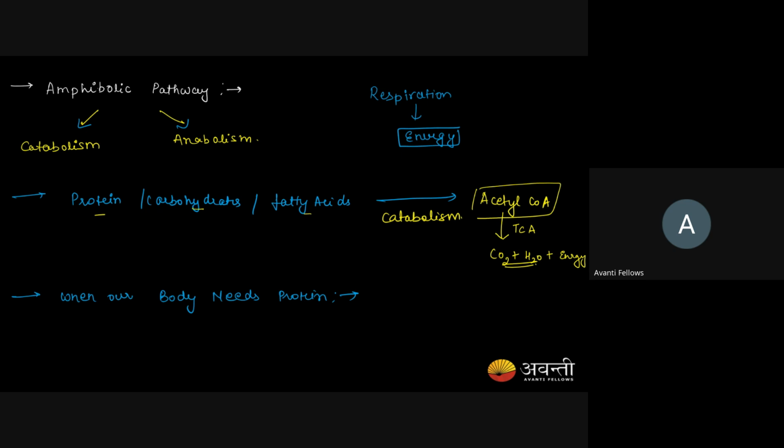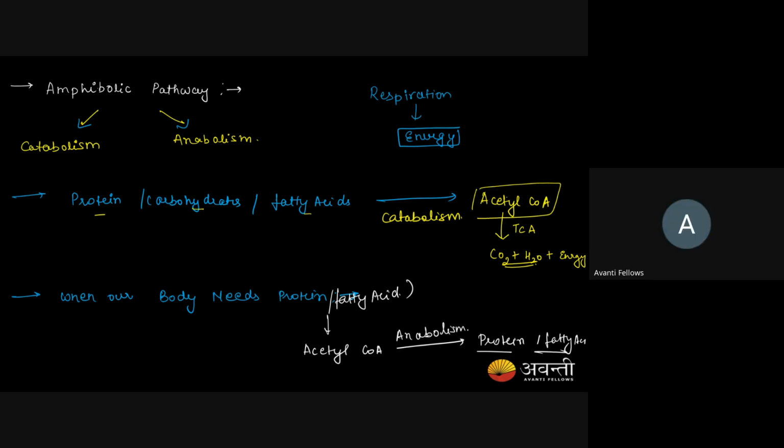When our body needs protein as well as fatty acid, what will happen here? This acetyl CoA that we have made will start synthesizing protein and fatty acid. So this is the formation of protein and fatty acid, so we can also call it an anabolic process. Right? Catabolism as well as anabolism.